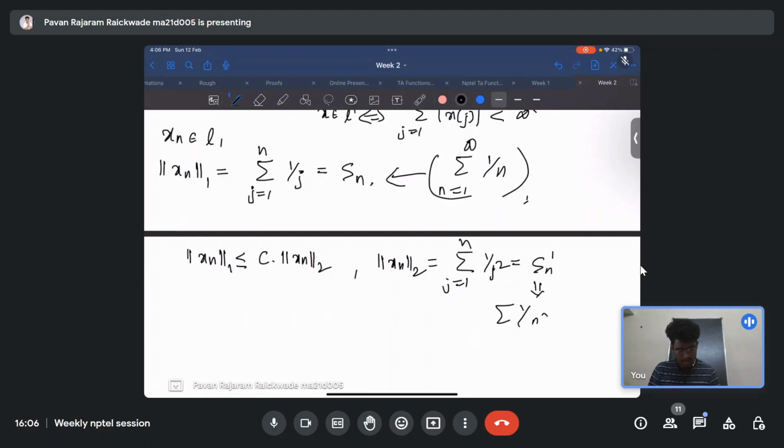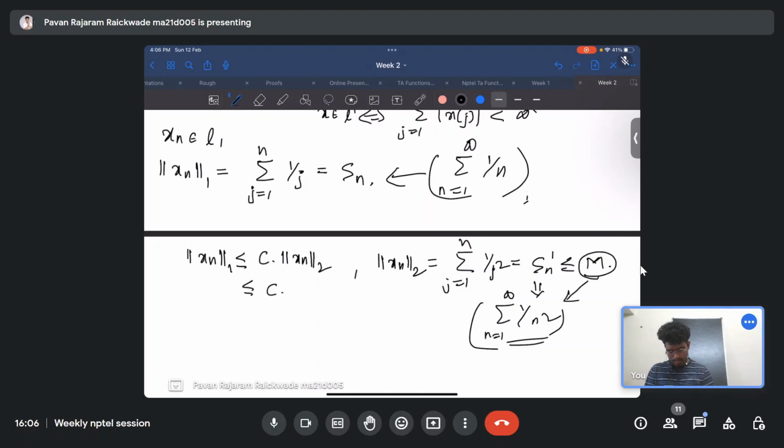But this series is convergent. There is some fixed finite value where this series converges, so this is less equal some m, maybe m is the value of this series. So you get C times m.